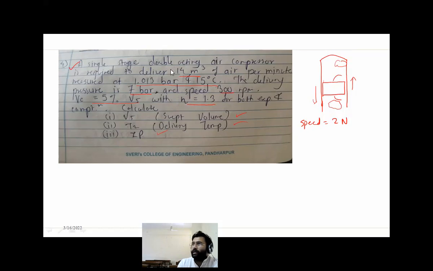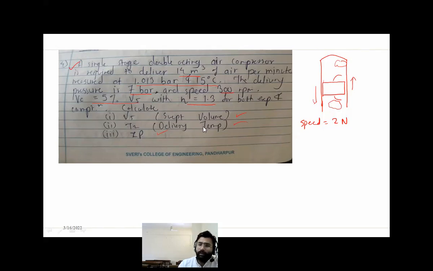The clearance volume is 5% of VS with n equal to 1.3 for both expansion and compression. Calculate VS, swept volume, T2, delivery temperature, and indicated power.